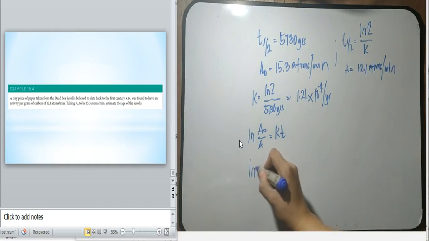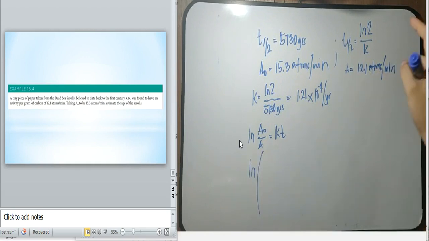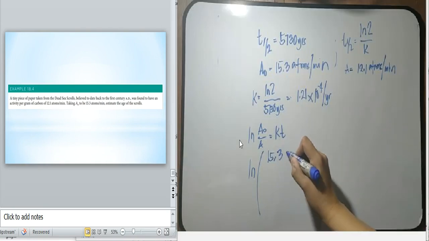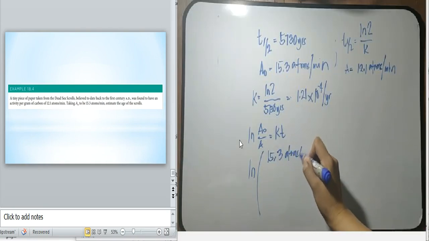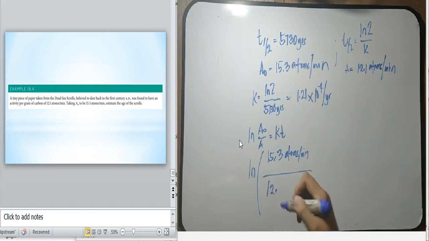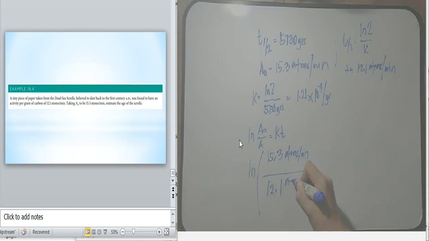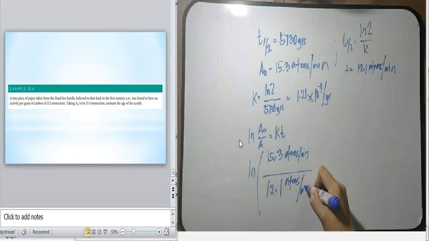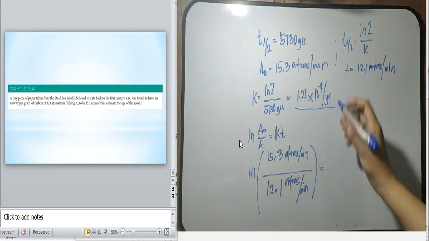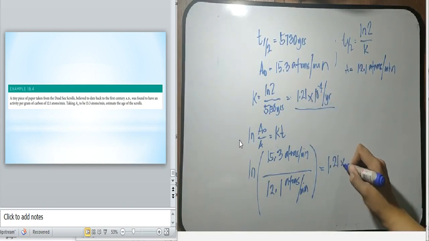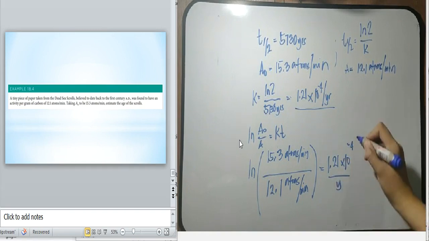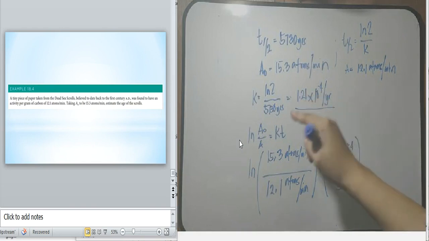So, we have ln A sub 0, which is 15.3 atoms per minute, over 12.1. Remember, this is given. It is equal to K. Our K is this one, 1.21 times 10 raised to negative 4 per year, multiplied by time t.